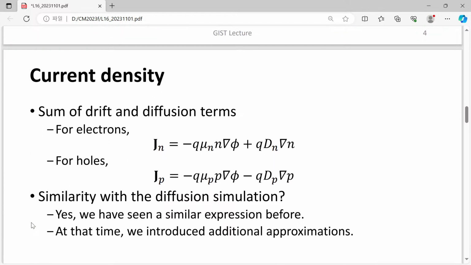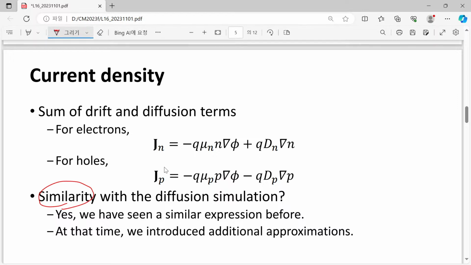So the answer is shown here. Once again, I think you feel the similarity, similarity with our previous approach in process simulation, diffusion simulation. That's true. Here, for electrons, we just introduce a sum of a drift term and a diffusion term.